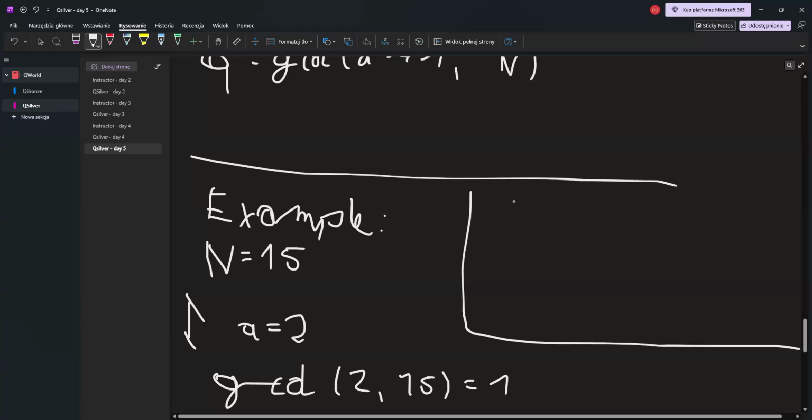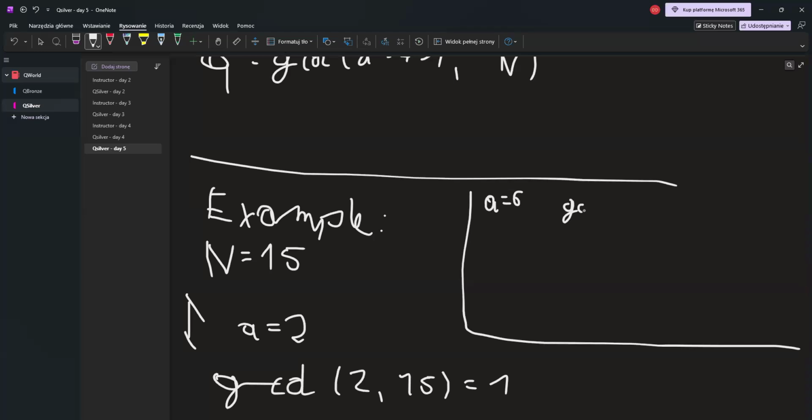So if we have a equal to 6, so it does not necessarily need to be 3 or 5, and we calculate the greatest common divisor of 6 and 15, you can clearly see that this is equal to 3, which means that we find p or q, however we call it, yes?